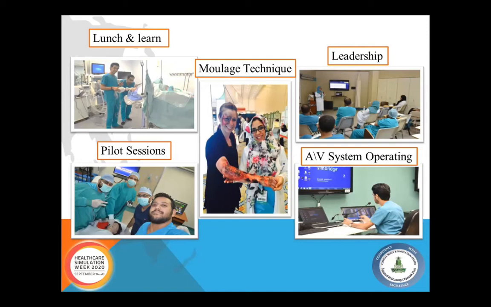Moulage techniques are very important to make the science an art, to let them balance between both to make the case more realistic. Pilot stations, as I said, are a very important way to grow your simulation team.